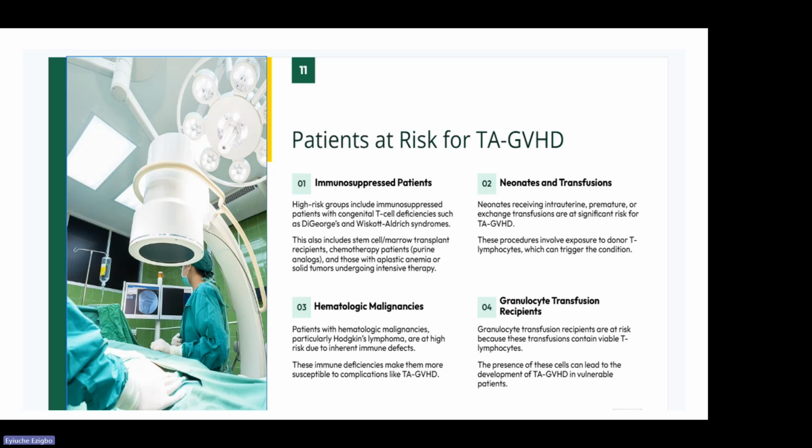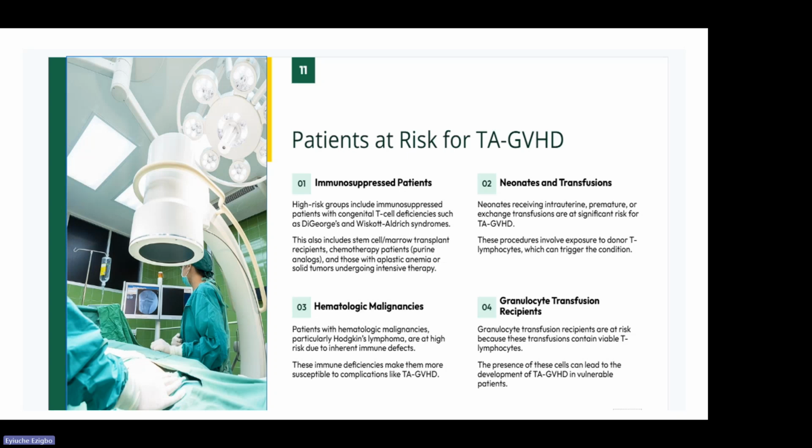Like TA-GVHD. Okay, neonates and transfusion. Neonates receiving intrauterine, premature or exchange transfusion are at significant risk of this complication. These procedures involve exposure to donor T lymphocytes, which can trigger the condition. Granulocyte transfusion recipients are also at risk, because this transfusion contains viable T lymphocytes.